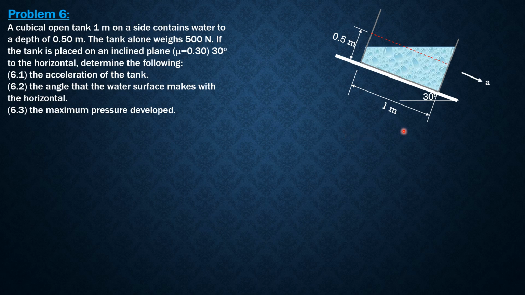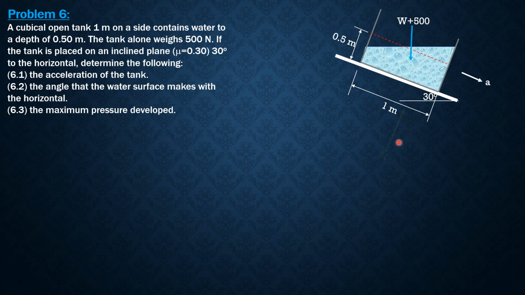Then the angle is 30 degrees. So when the tank is still at rest or held at rest, this water surface will remain horizontal and this angle is also 30 degrees. So the weight that will slide along the inclined plane would be the weight of water plus the weight of the tank, which is 500 newtons.